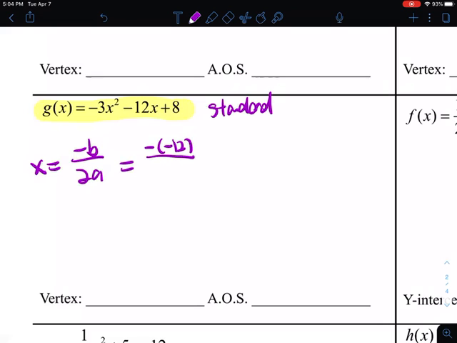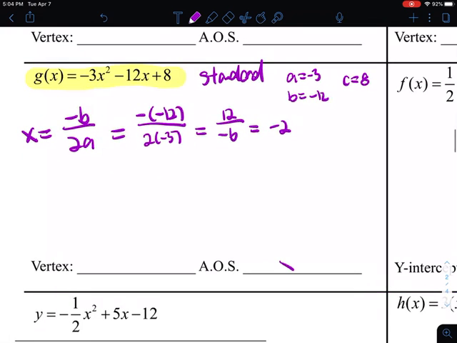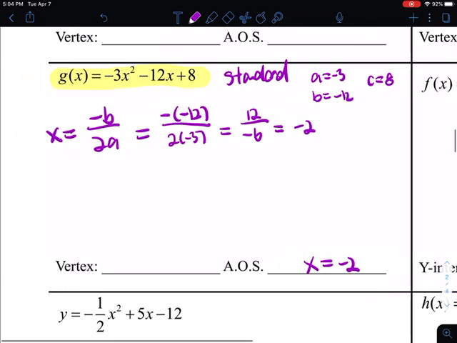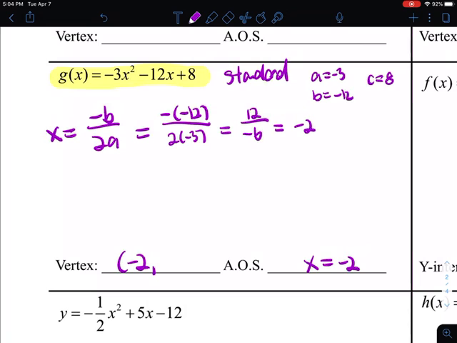Here a is negative 3, b is negative 12, and c is 8. So it'll be negative negative 12 over 2 times negative 3. That's really 12 over negative 6, so negative 2. And there's my axis of symmetry. That also tells me that the x value of the vertex is negative 2. Those are always the same.